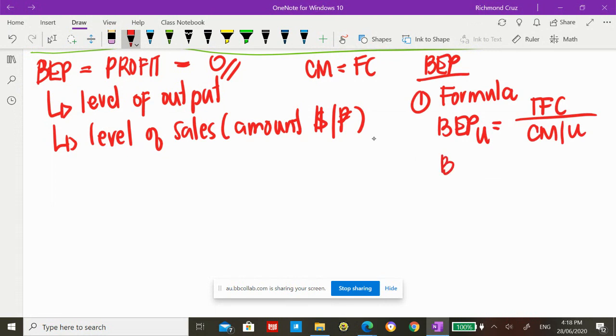Or we can compute the break-even point in amount, in pesos or dollars. That is total fixed cost divided by the CM percentage.